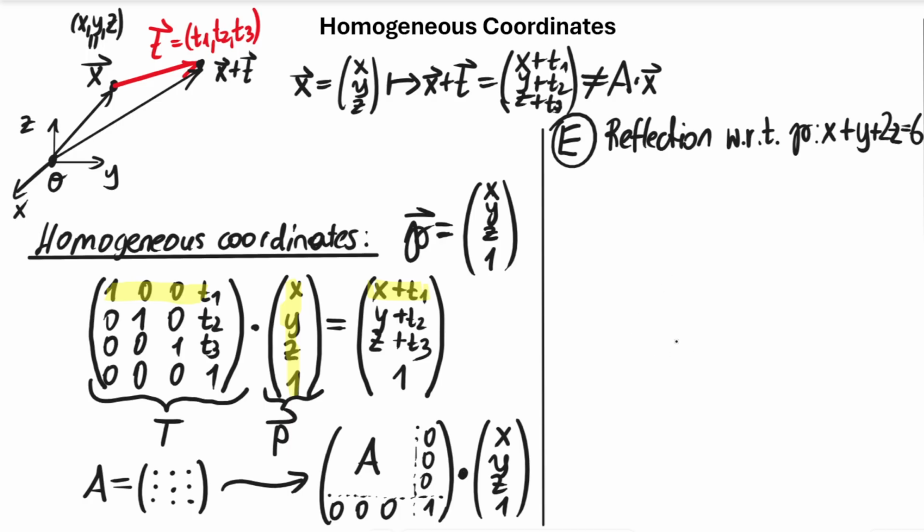So let's pick a point on the plane. For example, P is 1, 3, 1. So if you plug it in and check, 1 times 1 plus 3 plus 2 times 1 gives 6. So this point lies on the plane. Now we want to reflect a point across this plane.